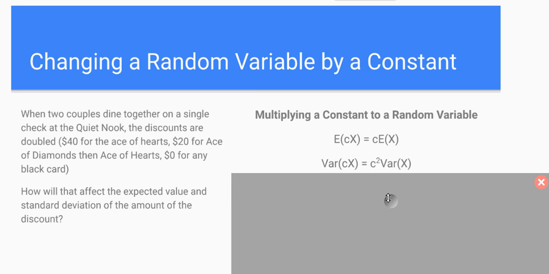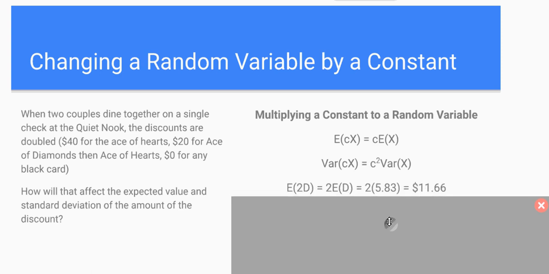And again, we'll show the real examples here, right? So if we're talking about doubling our discount, if the single discount is expected on average to be $5.83, if we double all the outcomes, we're talking about $11.66, which is the original discount doubled. Again, the mean tends to behave like you think it's going to behave.